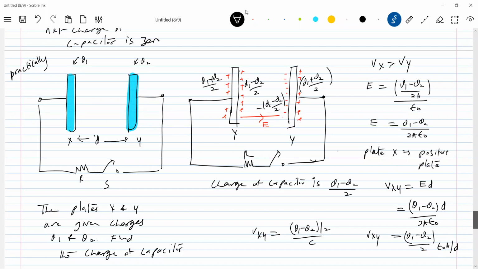What is a cell? 5 rupees in the market, or a Duracell, very costly, 20 rupees. Connect that Duracell across the capacitor. But for something like Q1, Q2, it may cost you 3, 4, 5,000. Tell me, you are unnecessarily wasting your money. Practically not advisable.